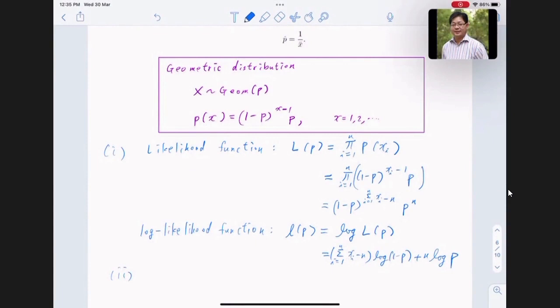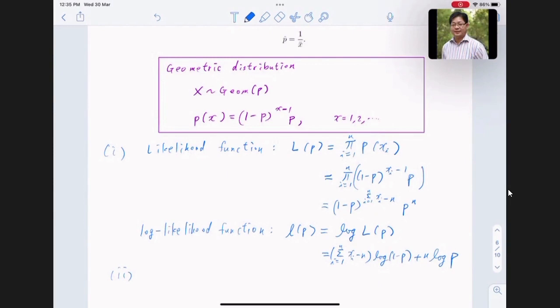So if you are given a continuous distribution, then this will be the probability density. If it is a discrete distribution, then this will be the probability mass function. So in this geometric distribution, the probability function is given by this, so we multiply this all together for each sample point, xi, and we simplify it, we can get this likelihood function.